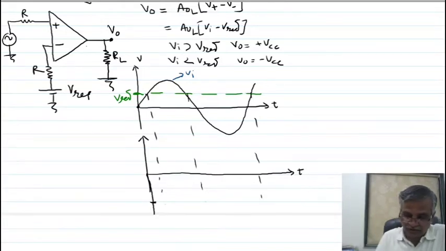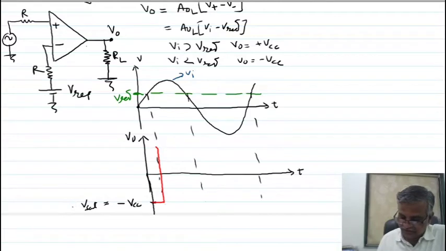During this time, my output is negative. So I am writing my output is minus VCC, or it is generally written as minus V saturated voltage.